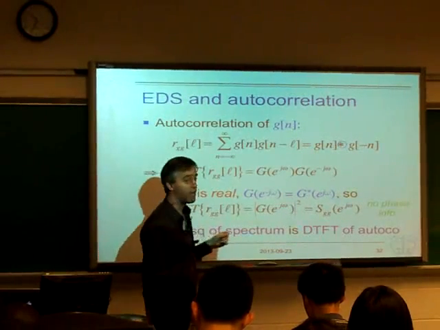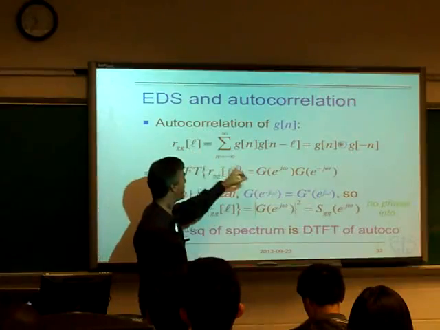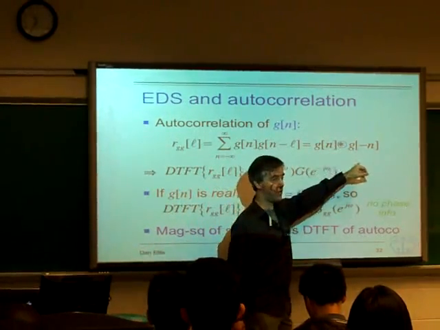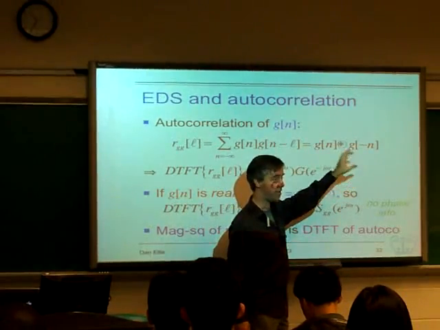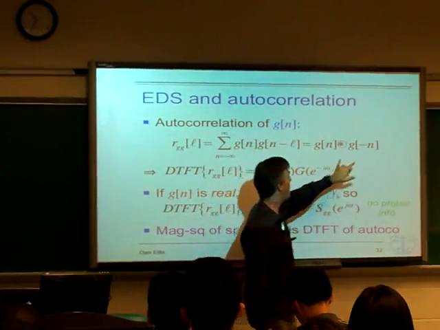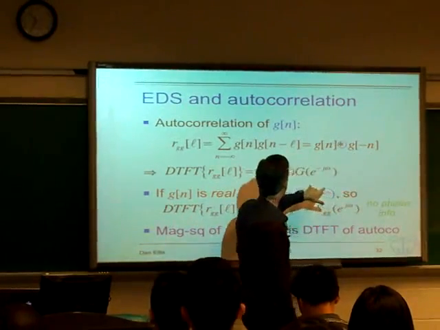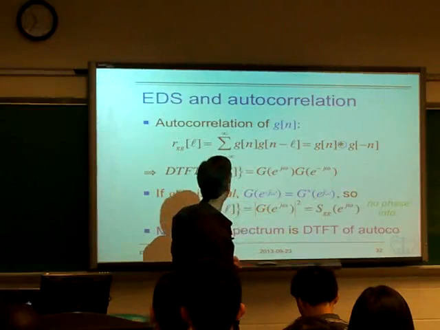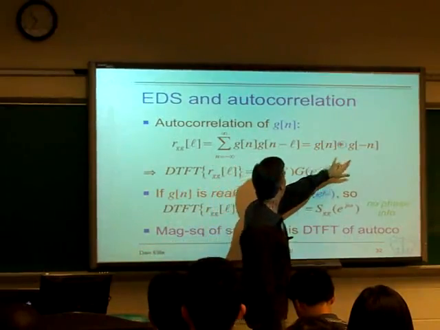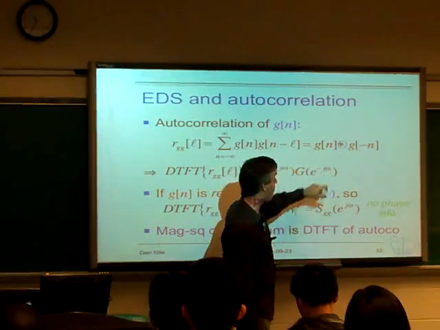If we think about applying our DTFT identities to this, the DTFT of this sequence is going to be the DTFT of this. The DTFT of the convolution of two signals is the product of the DTFTs of the individual things. And then the DTFT of the time-reversed version of a signal is the reversing in frequency.